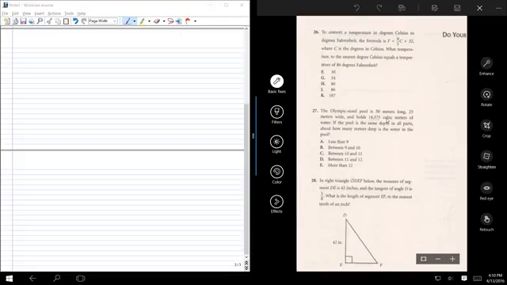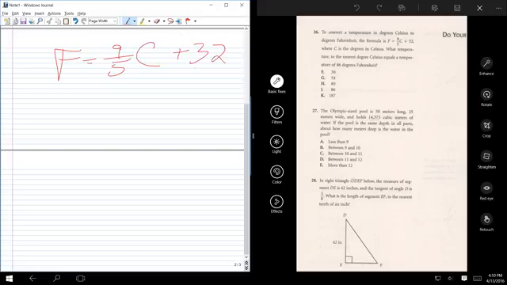I can't believe it. Can you read that? 26. Yeah. So if I have F equals 9/5 times C plus 32, and they give you the Celsius temperature, what is the Celsius temperature?